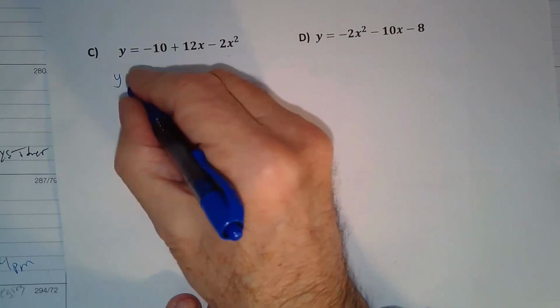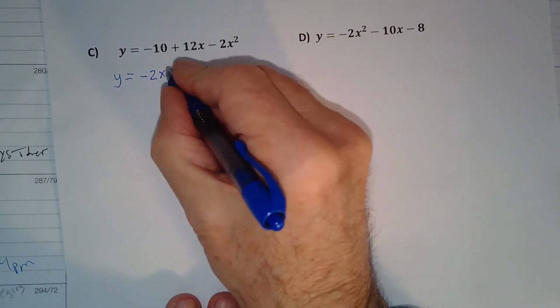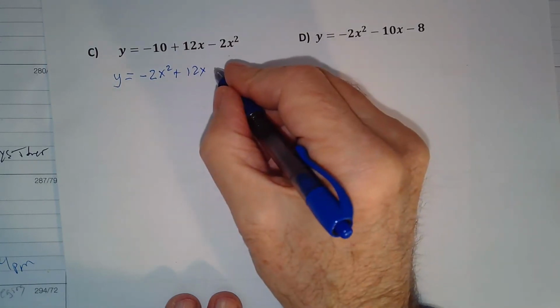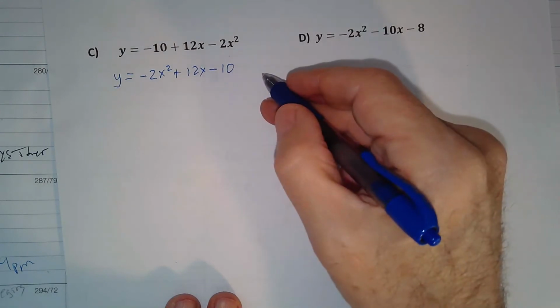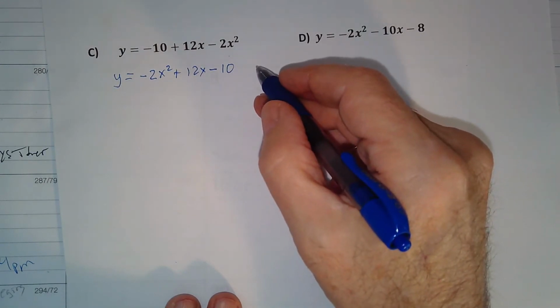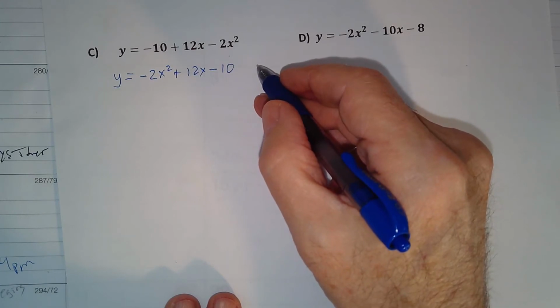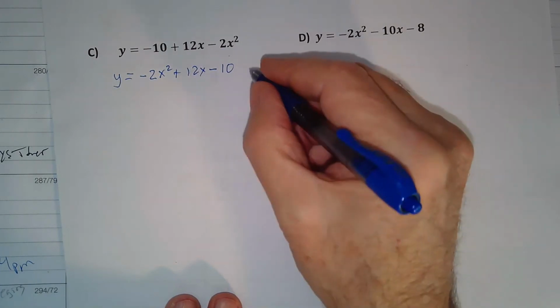So this is going to become y equals negative 2x squared plus 12x minus 10. Okay? So now that you've got it that way, can you do a GCF on this? Yeah. It looks like the GCF is negative 2, isn't it? GCF is negative 2.